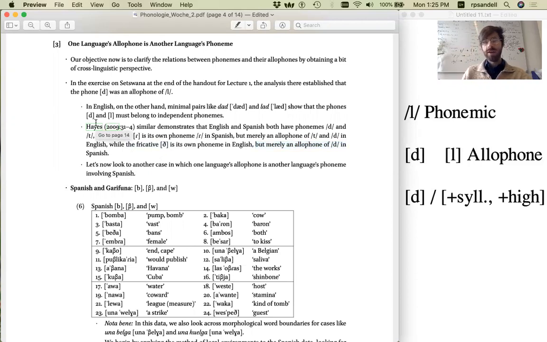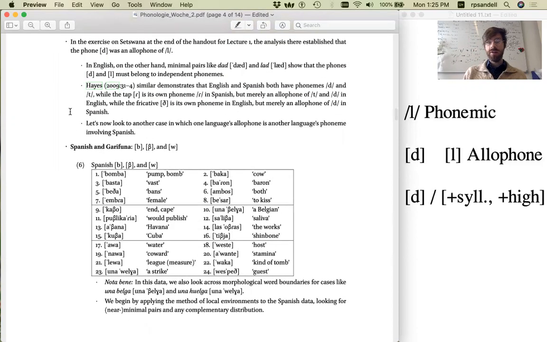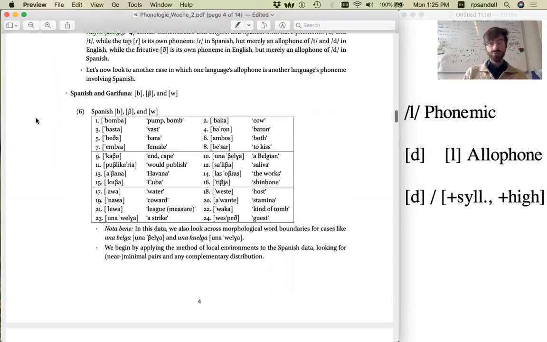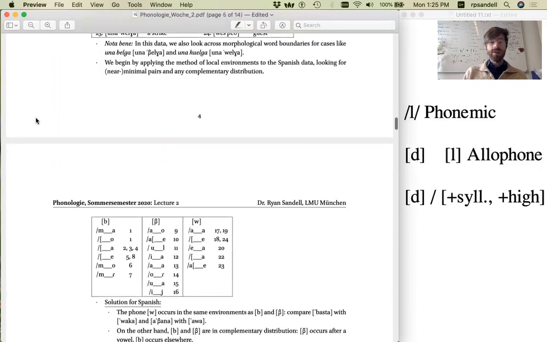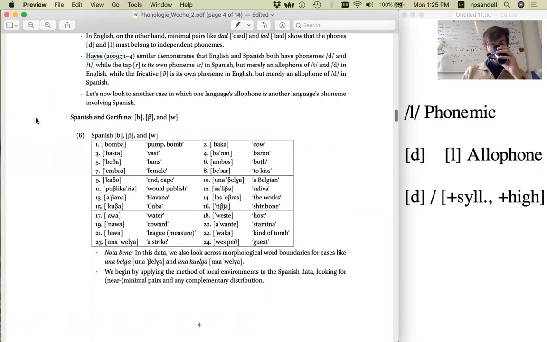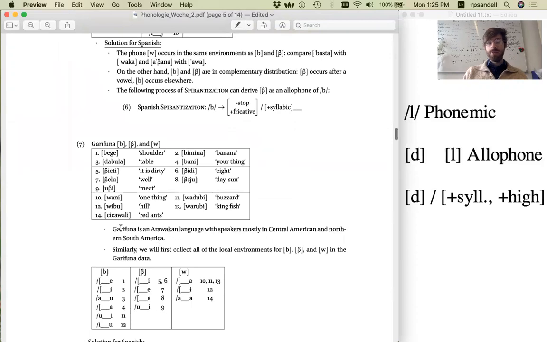So we can illustrate this in a couple more languages below here. We'll start by comparing, we'll use Spanish as a point of comparison, and we'll look here at the Garifuna language. The Garifuna language is an Arawakan language that has speakers mostly in Central America and Northern South America.